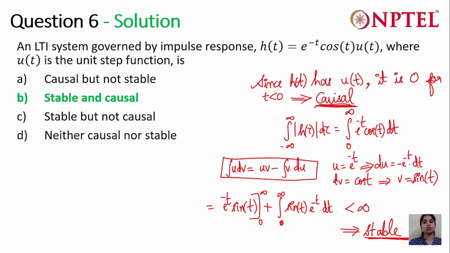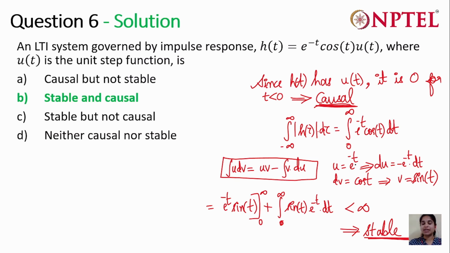Now we are going to check the condition for stability: the integral from minus infinity to infinity of mod of h of tau d tau. The same u into dv formula we have to apply, so it is uv minus integral v into du.